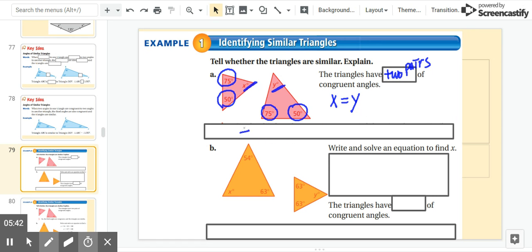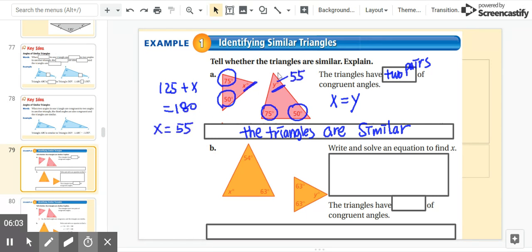So these triangles are similar. If you want to double check, find x and find y. 125 plus x is 180. So x is 55. Here, 55. So they have the same shape.